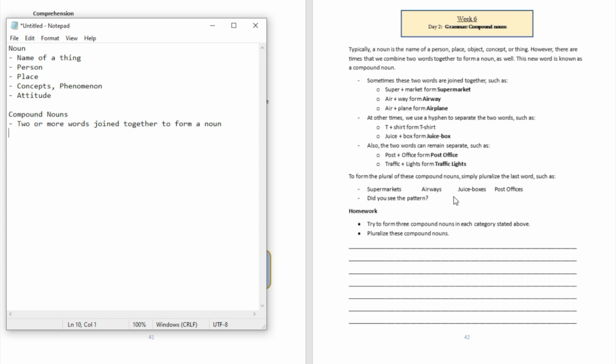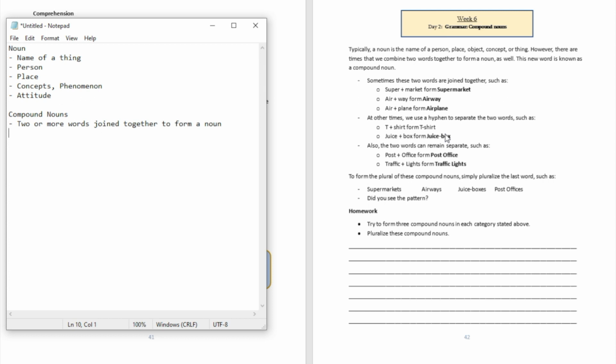Lots of times these things actually come through practice. But one thing to note for sure is lots of times you can interchange a hyphenated compound word with a merged together compound word. So sometimes you're going to see juicebox just mixed together. Sometimes there may be a hyphen over there, but it takes getting used to it.